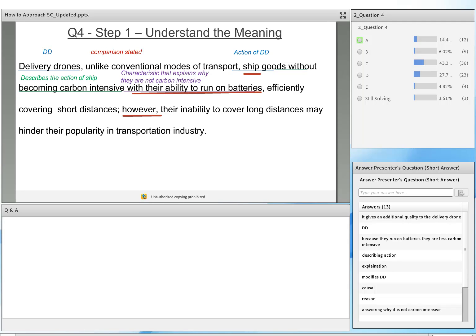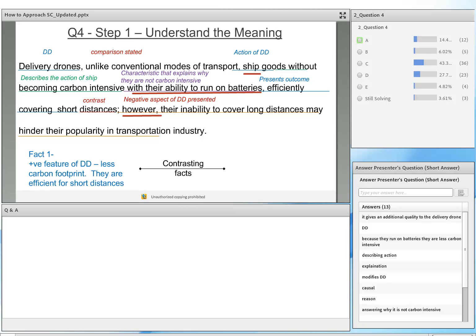At a very high level, there are two contrasting facts about DD. The first is a positive: they have a smaller carbon footprint, because they run on batteries, and because they run on batteries, they are efficient for short distances. The second fact is that because they cannot cover long distances, they may not get popular. That's the contrasting fact. So overall, the meaning is very clear here.